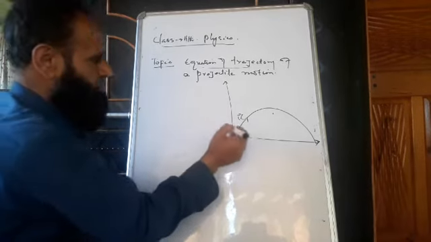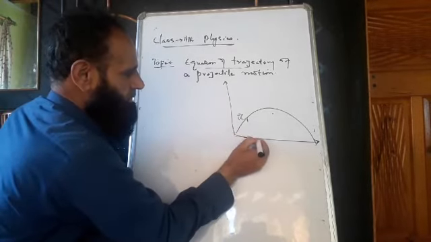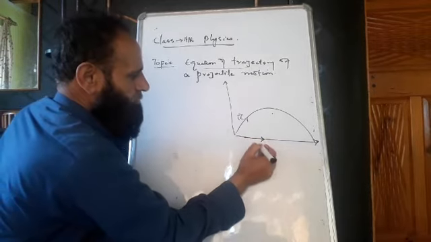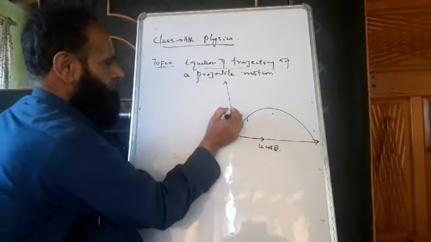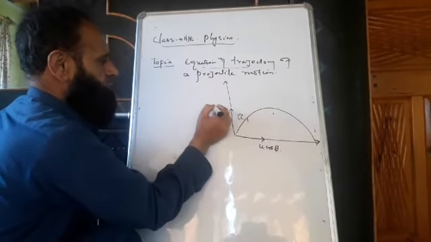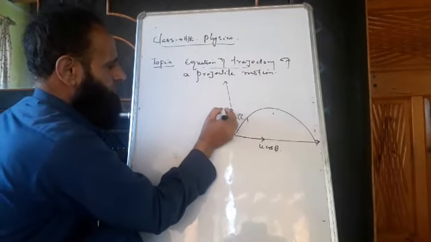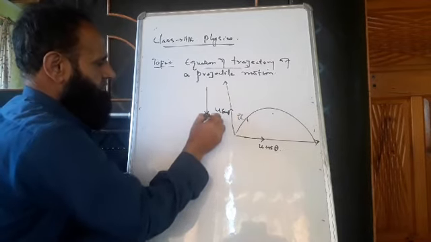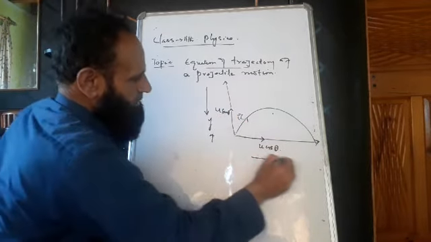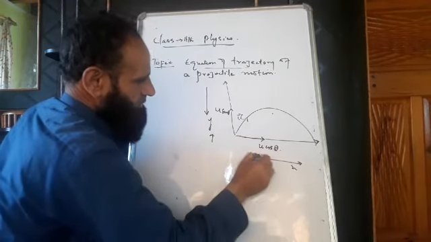Along the horizontal axis, the component is u cos theta. Along the vertical, it is u sin theta. We know that this is our y-axis and this is our x-axis.